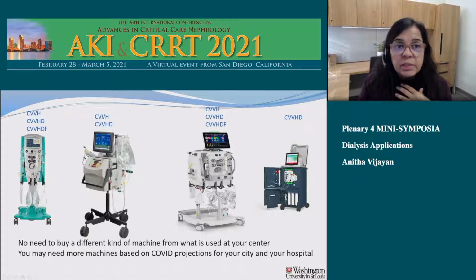The Next Stage can provide either CVH or CVHD, and the PrismaFlex and Prismax can offer CVH, CVHD, or CVHDF. But there's no need to buy a different kind of machine from what is used at your center. However, we do recommend that each institution analyze their supply and their capacity and decide if they need to buy more machines.